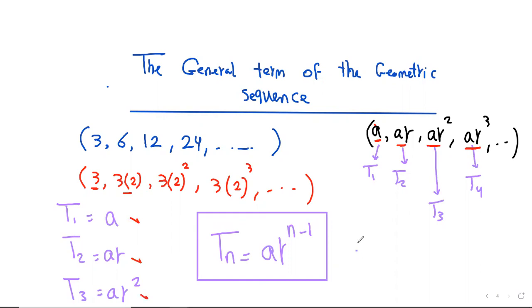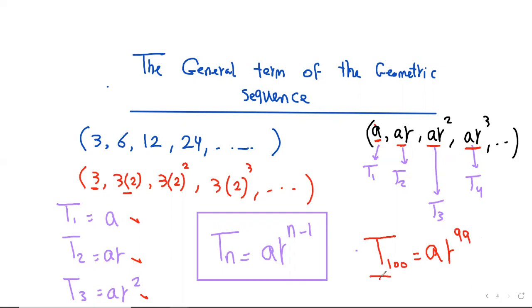So we can deduce the nth term of a geometric sequence. The nth term of a geometric sequence, Tn, is A multiplied by R raised to the power of n minus 1. So if I want to find T100, it will be A multiplied by R to the power of 99.